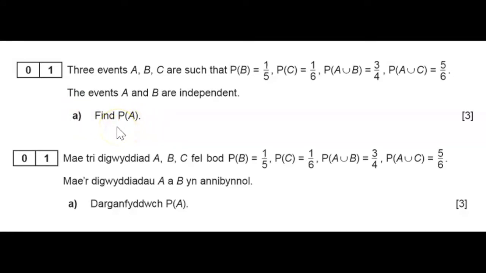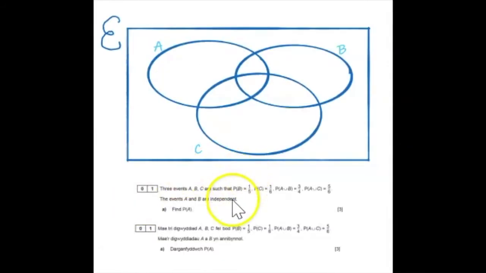So a Venn diagram is probably going to be the best way forward to help represent this. So let's look into this. We have three sets in the question, so if we draw three overlapping sets, we could look into this idea. We know the probability of B is 1/5, so everything in B is 1/5.